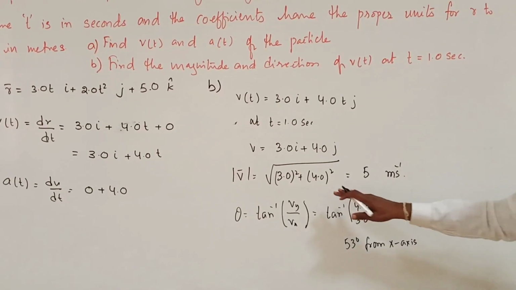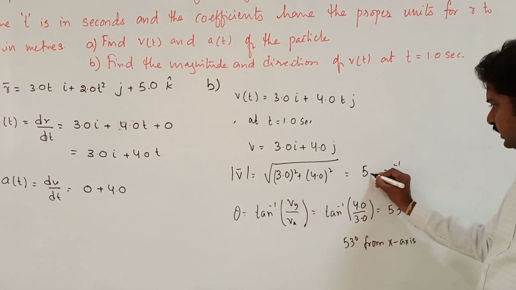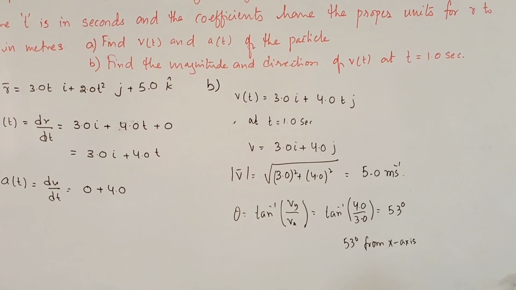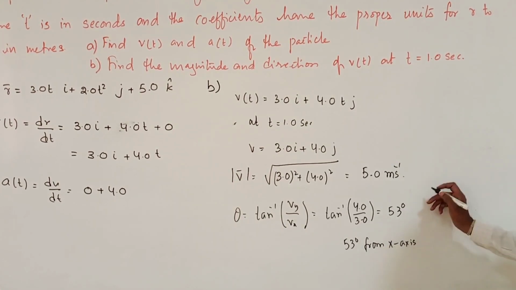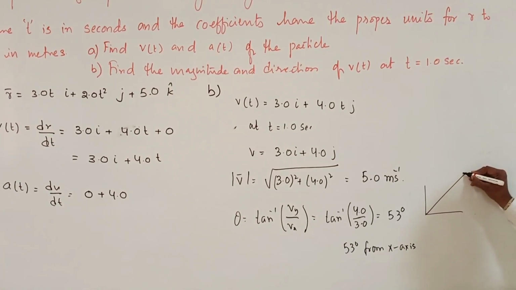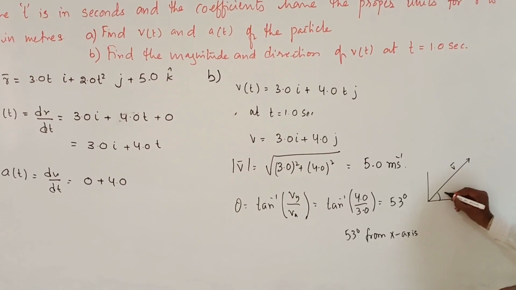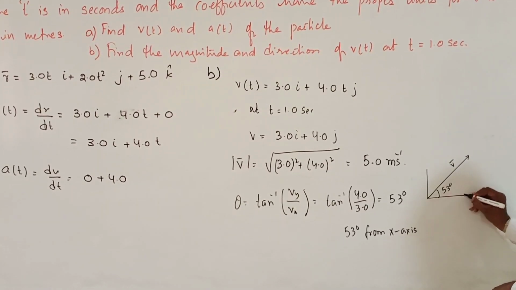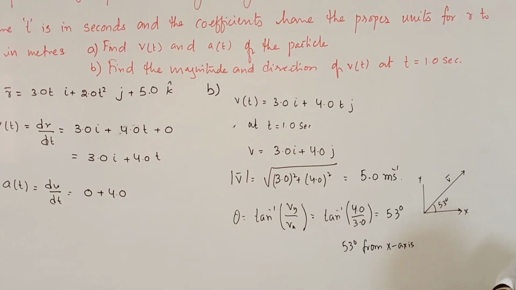Similarly, for significant figures, you can write it the same as 5.0. So the velocity direction should be taken like this: suppose this is the velocity, its direction is taken as 53 degrees from the x-axis. So this is one.